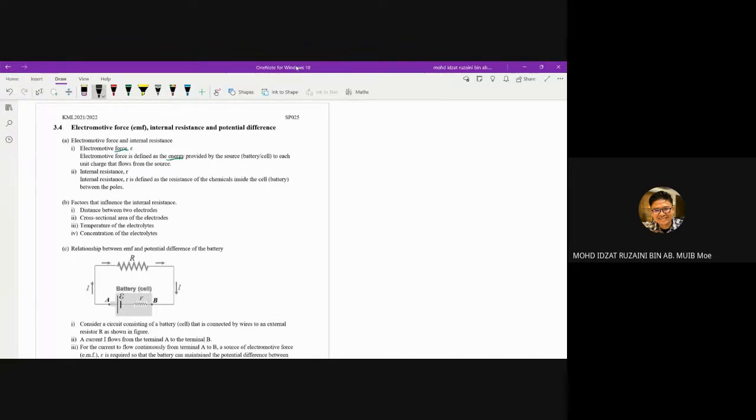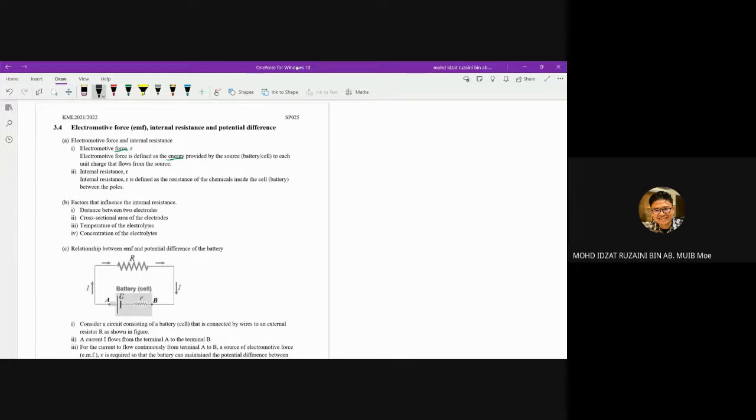Boleh faham? Kamu punya EMF bateri itu 1.5 volt, tapi bila kamu letakkan voltmeter, kamu dapat 1.2 volt. Maka di situ akan adanya pengurangan volt dalam bateri tersebut. Kita panggil voltage ataupun potential drop. So this potential drop due to the internal resistance.